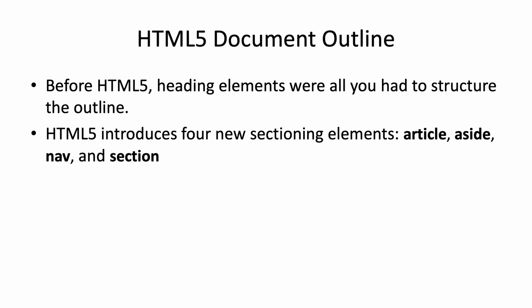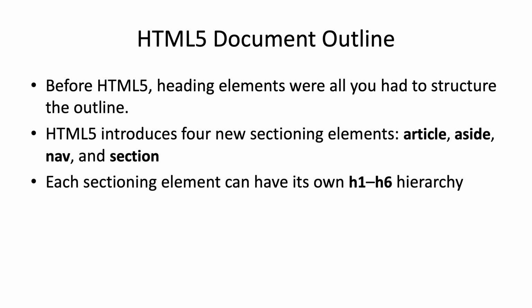And these are used to mark the specific sections of a web page. Okay, to make things slightly more complicated, each section element can have its own level 1 to level 6 headings. We will explain this in more detail in the next few slides.